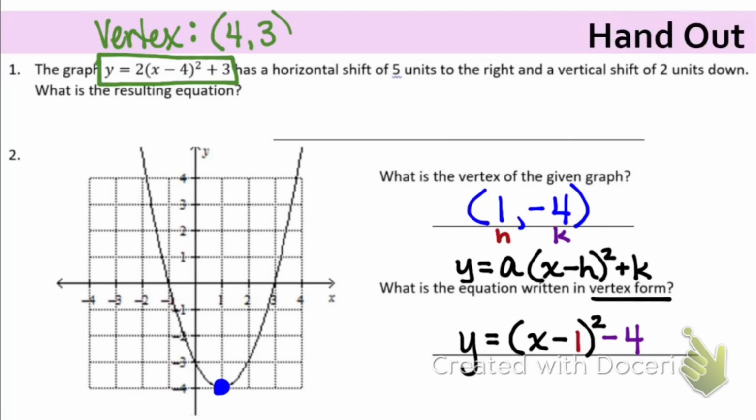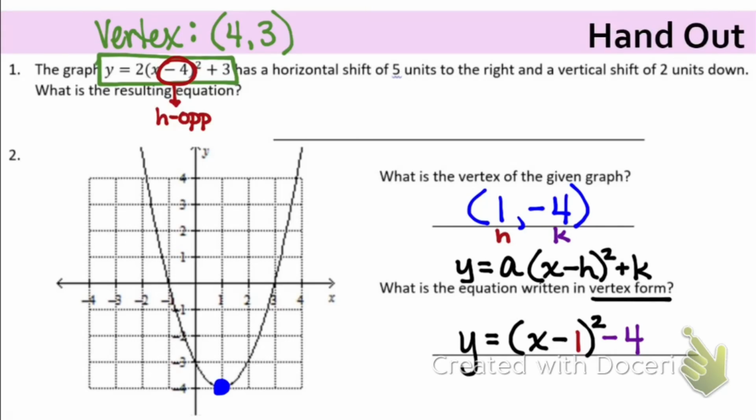Why is it not (-4, 3)? Yeah, this guy right here, don't forget, this is the opposite. So if I want to know what h actually is, I have to make it the opposite sign there. So our vertex is at (4, 3).